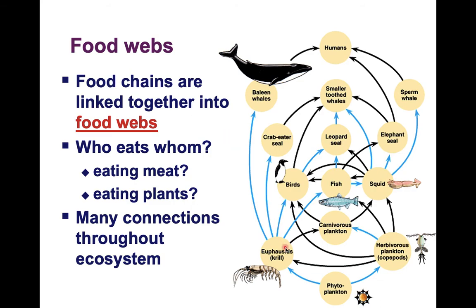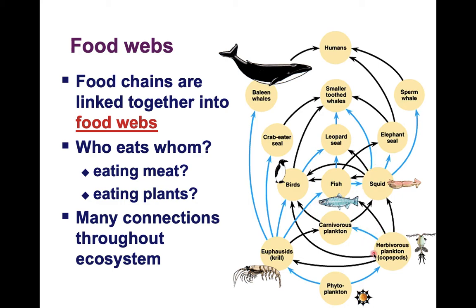Okay, so notice here that you have many different organisms interconnected. So it shows you who is eating who, who is eating meat, who are carnivores, who are eating plants, and is showing you all the different connections throughout the ecosystem.